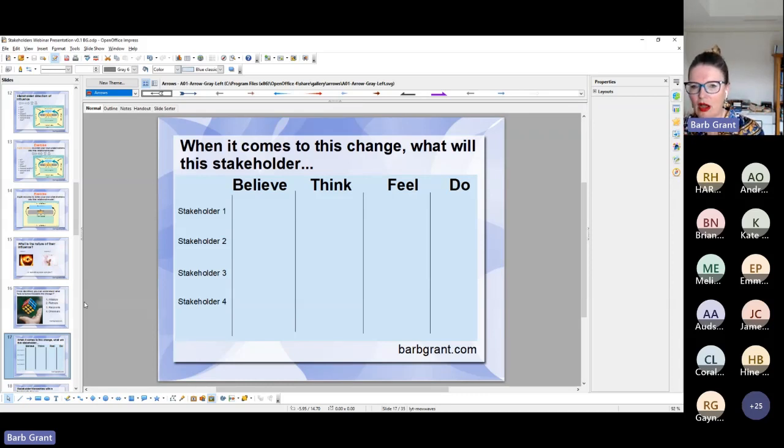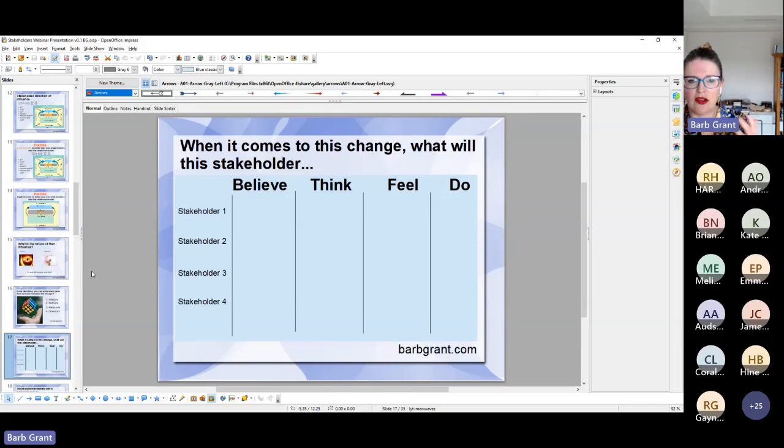So just in terms of time, there's quite a bit here that we could be unpacking, but I don't have time to work through all of these pieces. This is where I would be going next if I did that relational assessment of my stakeholders. I would look at each of those groups and plot out each of these columns, asking myself, because they believe this, what are they thinking about what we're doing, what are they feeling, and therefore what are they doing?